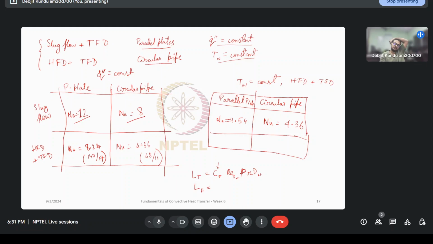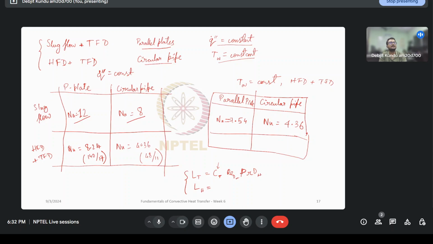And these will be true only for a very small portion of the pipe where the Prandtl number, first of all, is very low, so the thermal boundary layer develops quickly, but the hydrodynamic boundary layer does not really develop as much. So it would be applicable for that very small region given by the entrance lengths.